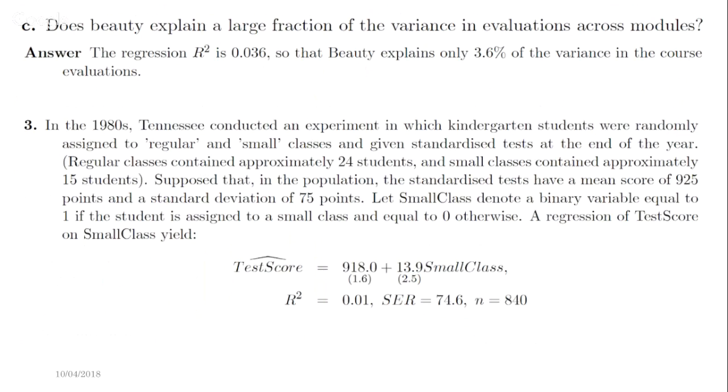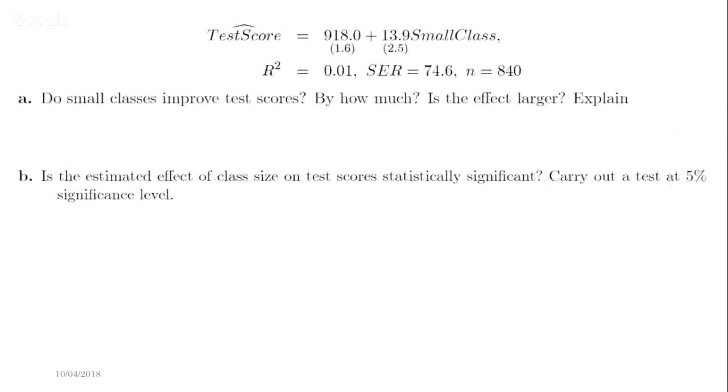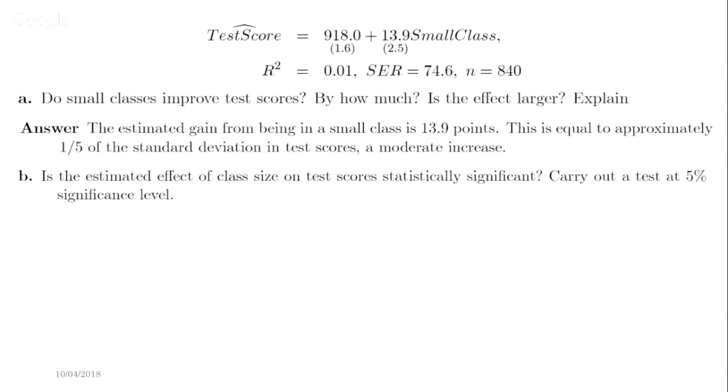Here 13.9 compared to 75 is about 1/5. And here it says a moderate increase, but I kind of disagree. This is not a really significant increase. It's smaller than the standard deviation. You get that much variation anyway, so it doesn't do much.